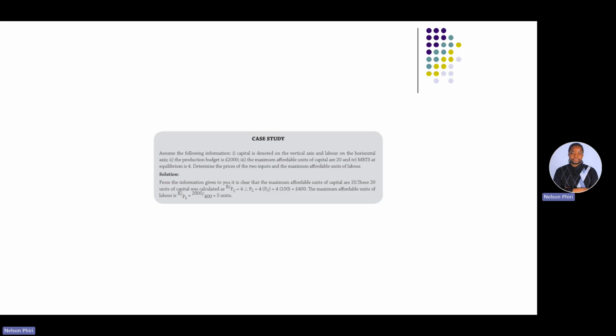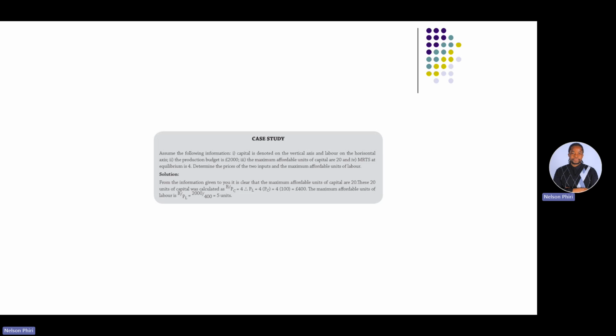So you would need to calculate the maximum affordable units of capital. The maximum units affordable of capital are 20, and the MRTS is given as 4. From this information, we're going to determine the prices of the two inputs and the maximum affordable units for labor.